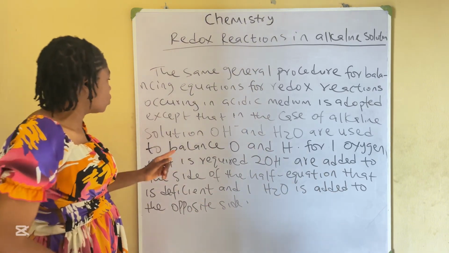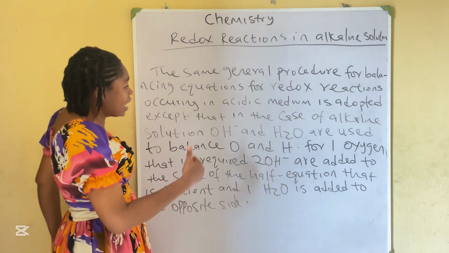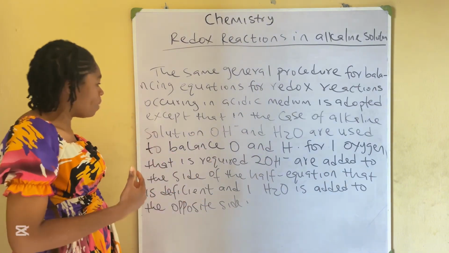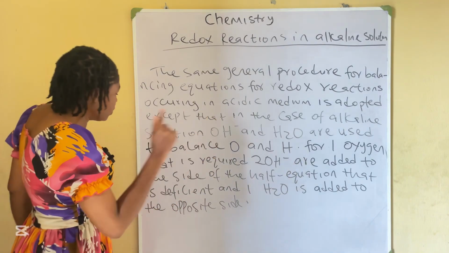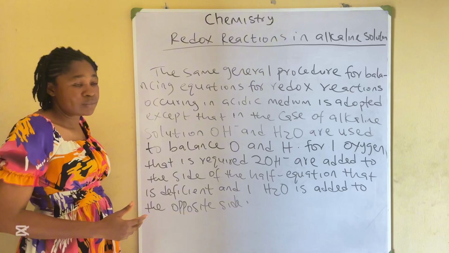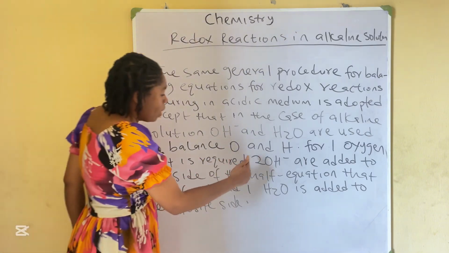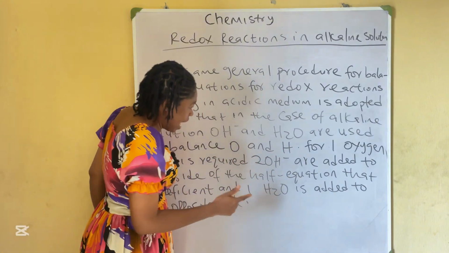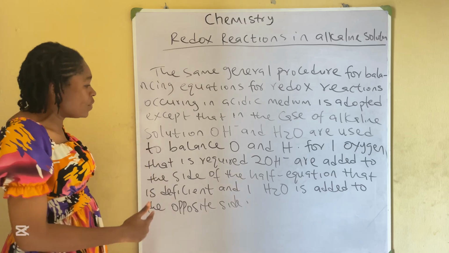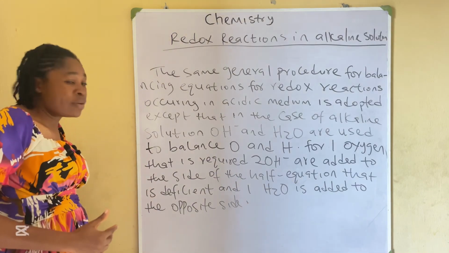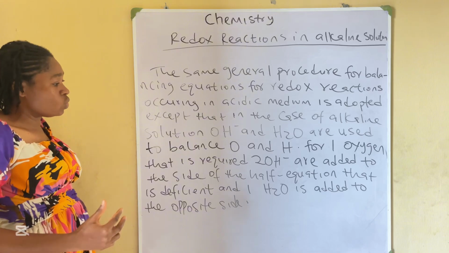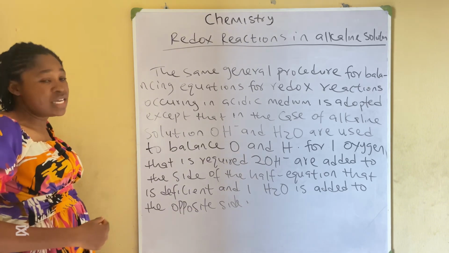So in alkaline solution, hydroxide ion and H2O are used to balance oxygen and hydrogen atoms. For one oxygen required, 2 moles of hydroxide ion are added to the side of the half equation that is deficient, and 1 molecule of water is added to the opposite side.